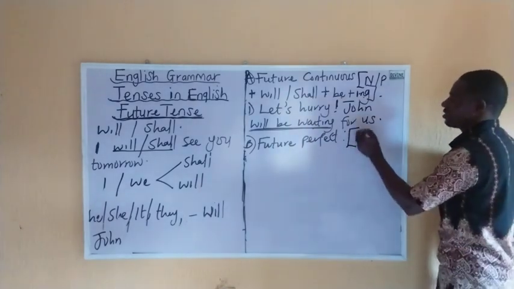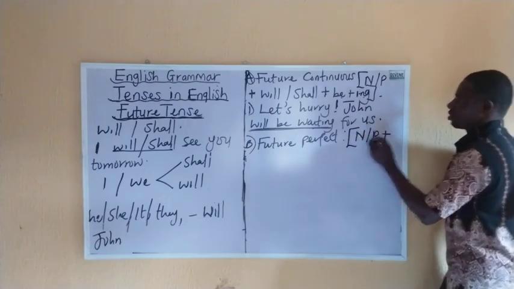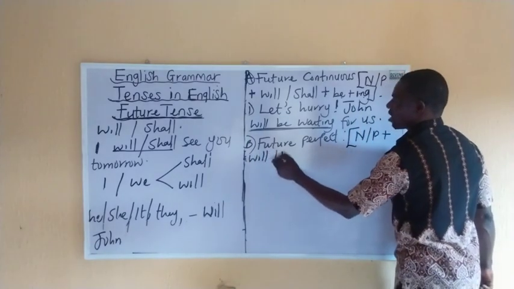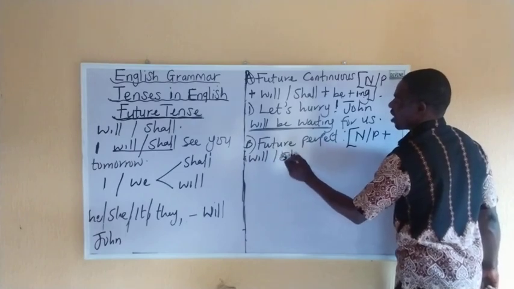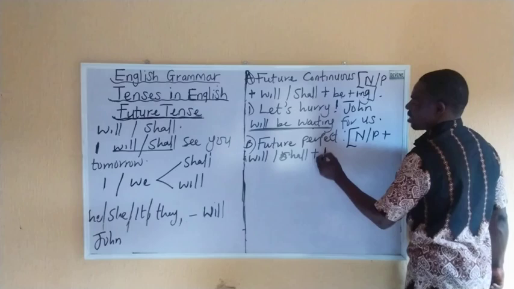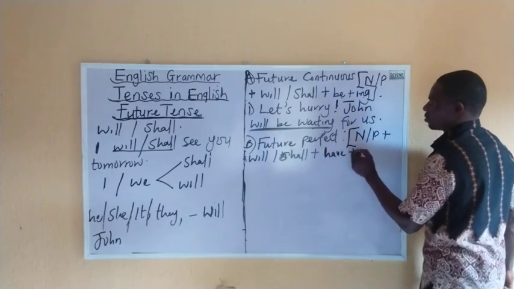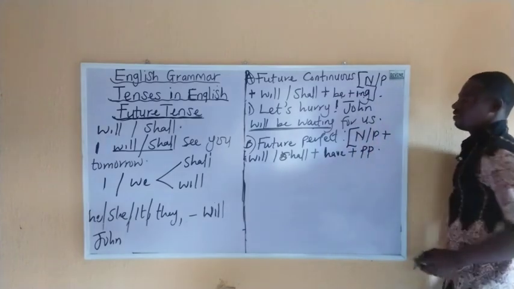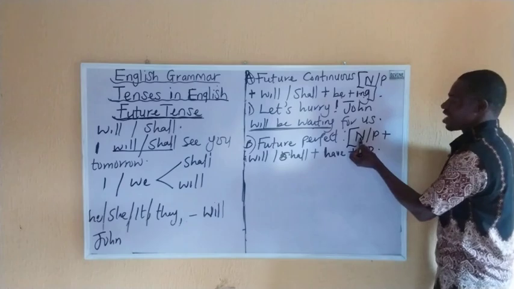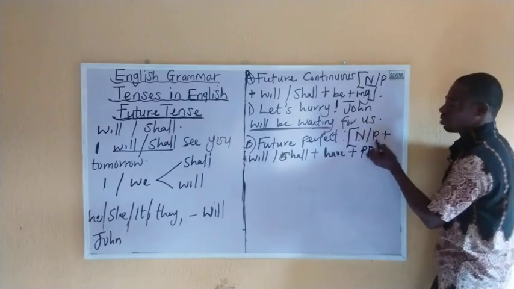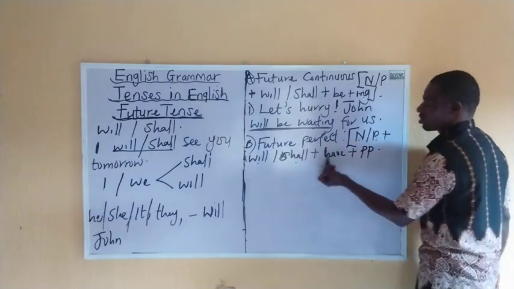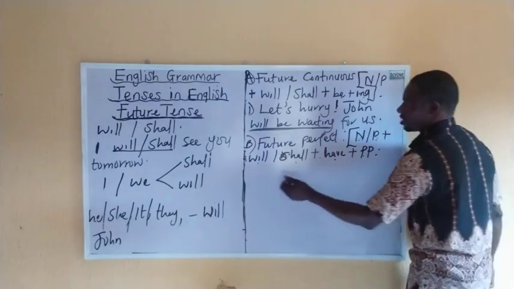It has the structure N/P plus will/shall plus have plus pp. I repeat, it has the structure N/P, that's noun or pronoun, plus will or shall plus have plus pp. Okay, example.